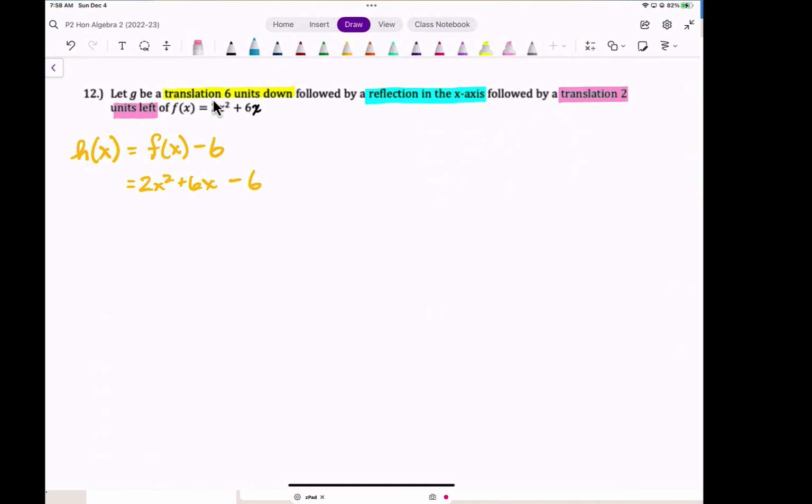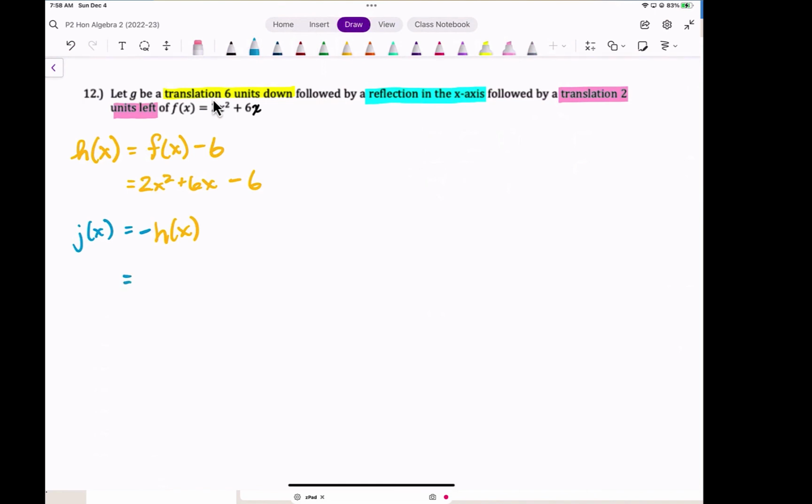Now in the second one, the reflection in the x-axis, I'm going to call this function j of x. We're going to use our previous function h. In fact, I'll stick with the same color scheme. And since it's a reflection in the x-axis, that's a vertical change. I need to negate the entire function.